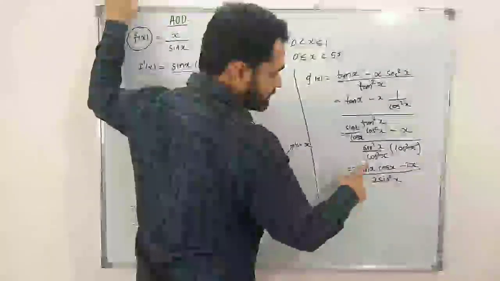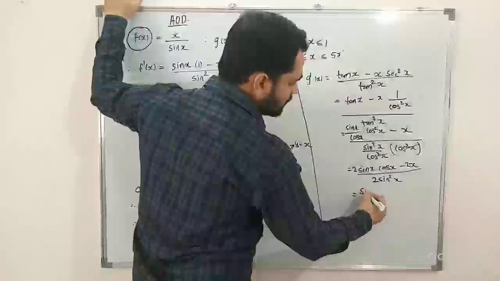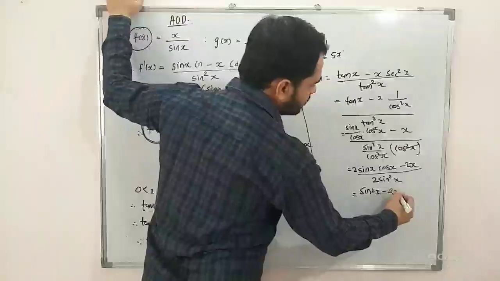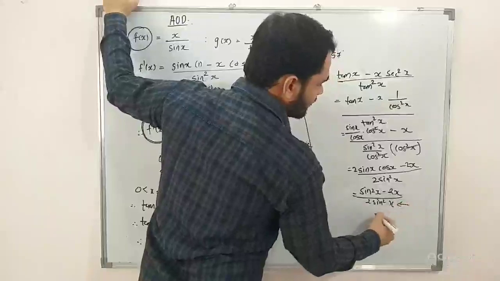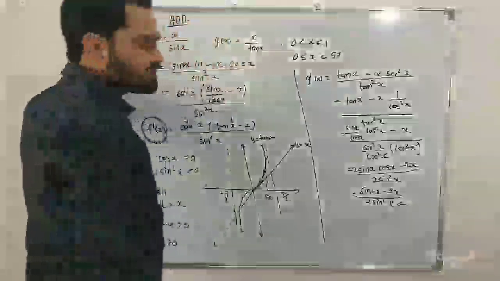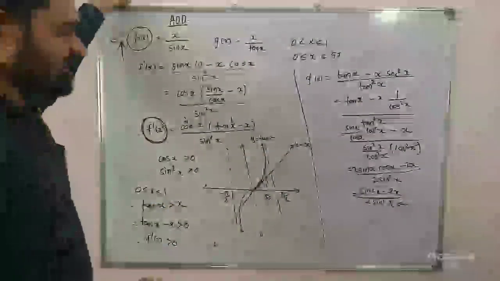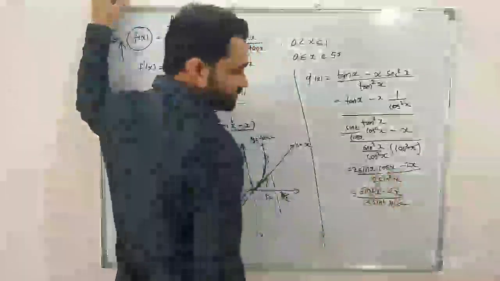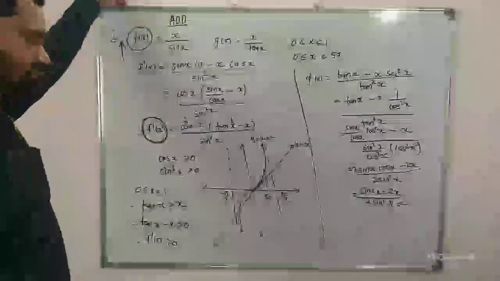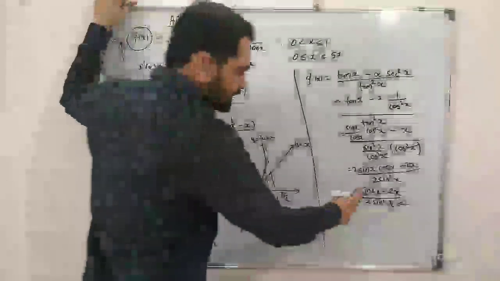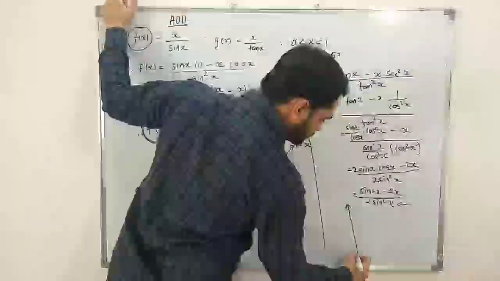So 2 sin x into cos x is equal to what? Sin 2x. Sin 2x minus 2x upon 2 sin square x. You know very well that 2 sin square x is always positive, so the denominator is positive, but we have to decide from the numerator. The value of the numerator is sin 2x minus 2x. So we are going to decide this from the curve.